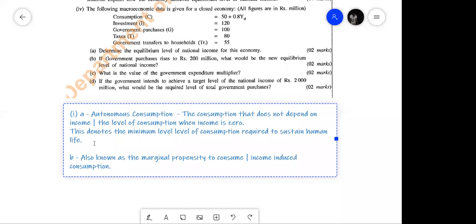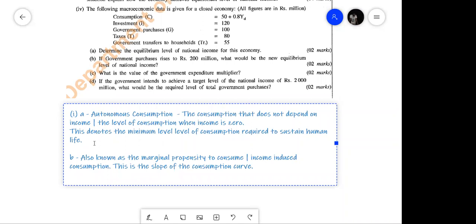What else can we add? You can also add that this is the slope of the consumption curve. In very simple terms, explain what MPC denotes. It talks about when income increases, the portion of it which is spent on consumption.